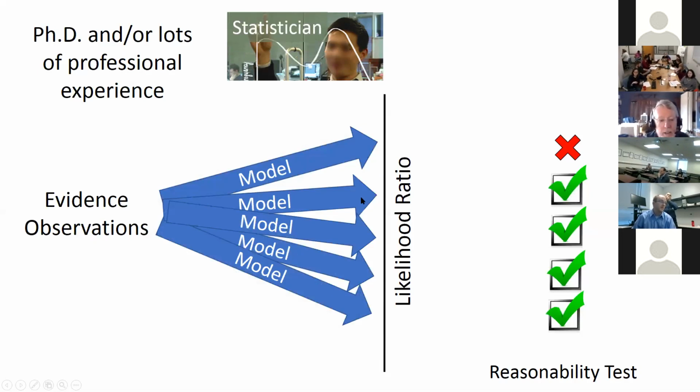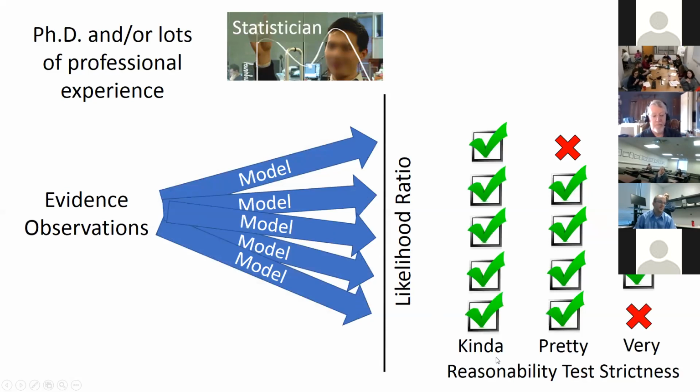And may also understand that each one of those models can give a different value, and that multiple of those models can pass the reasonability test. They may also have an awareness that there's not just one way to assess whether a given model is reasonable. There are different perspectives and different tests that one could use, and depending on what test you use, that defines a different subset of your models that are reasonable.